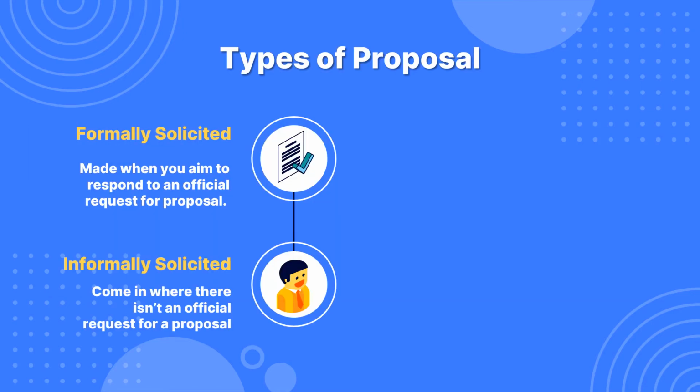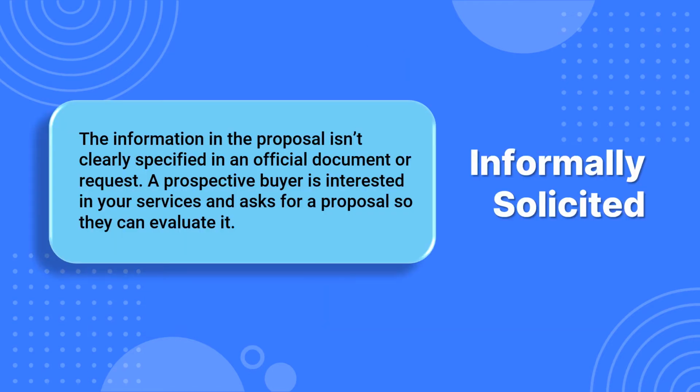Number 2. Informally solicited. Informally solicited business proposals come in where there isn't an official request for a proposal. This type of proposal is the same as the formally solicited proposal, but with one difference. The information in the proposal isn't clearly specified in an official document or request.